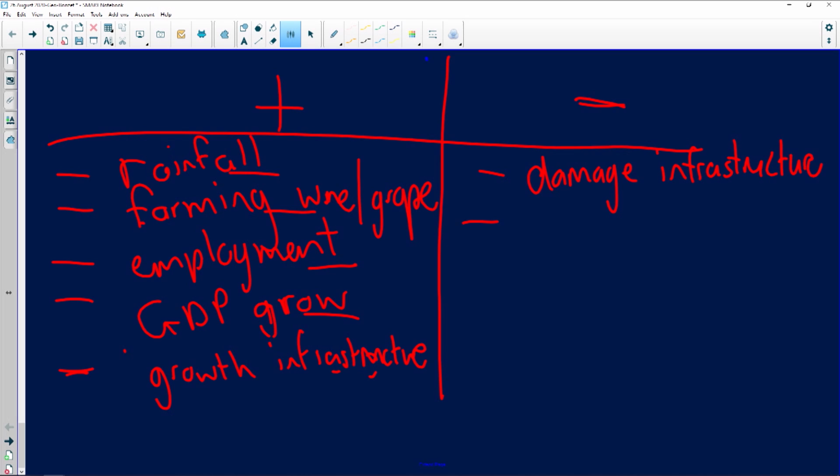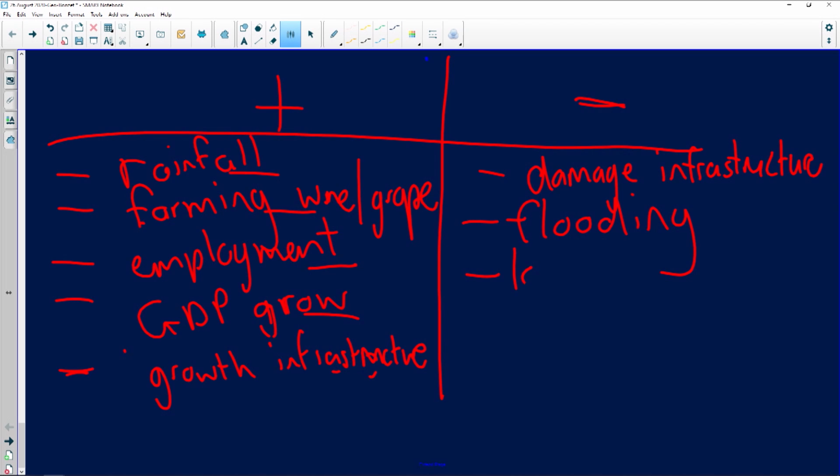What else? It might cause flooding. And flooding can be a disaster for the farmers. Okay, it may cause damage to the vegetation. So, great risk. Now, socially, we can also have loss of life. People might drown. People might die because of this mid-latitude cyclone.